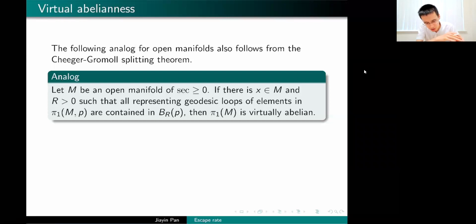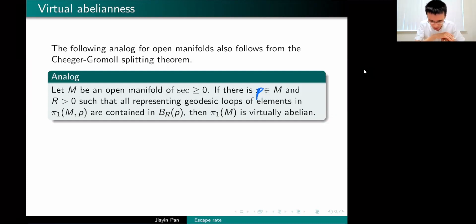So if we fix a point, so here should be p, that's a typo. If there is a point p inside M so that all the representing geodesic loops in pi1(M,p) are contained in a bounded set, say a ball of radius r, then pi1(M) is indeed virtually abelian.